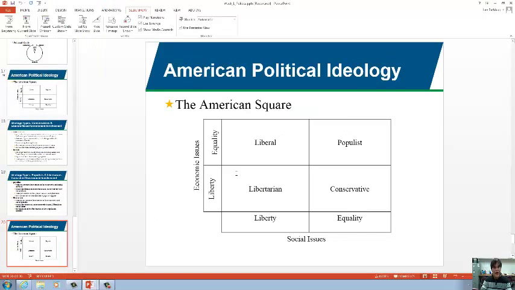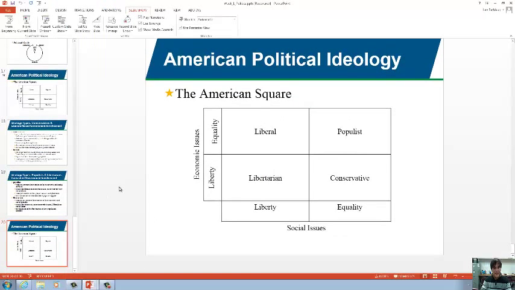I will make a disclaimer here: we're going to discuss these sorts of things in class, and whether you're liberal, conservative, libertarian, or populist, whatever you may be, I don't really care. I don't really care what your ideology is or what your opinion is.